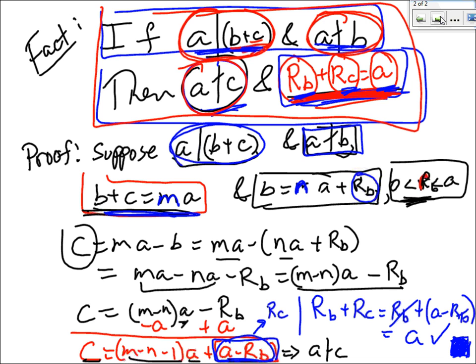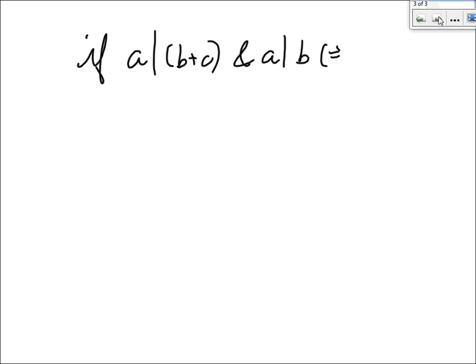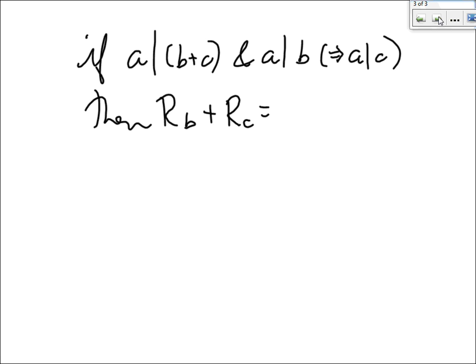The answer is no. If A goes into B plus C and A divides B, which we already know from the previous theorem means A also divides C, then the remainder from B will be 0, plus the remainder from C would be 0, because if A goes into B, the remainder is 0. If A goes into C, the remainder is 0.